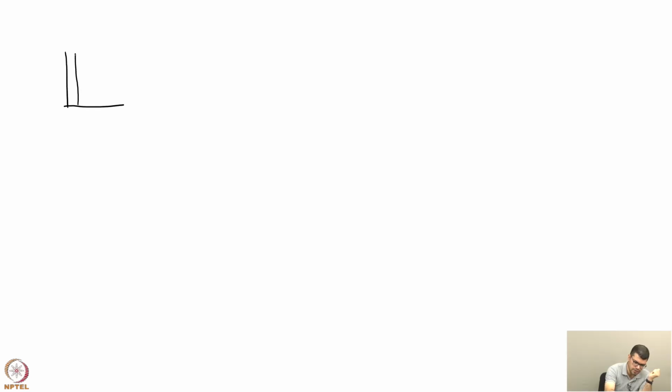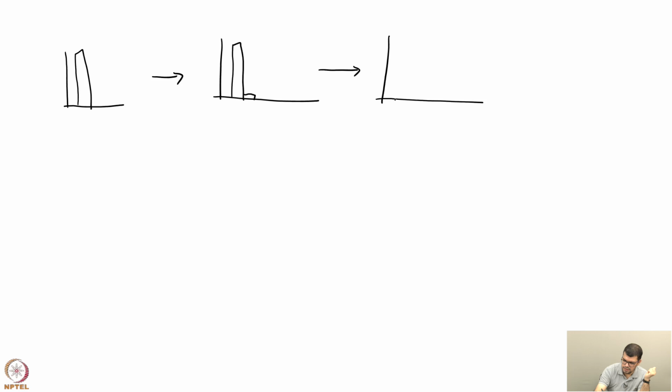So, I started with this and this changes to a new mutation. The beneficial mutation starts to increase in frequency and then it reaches fixation. See, these are the 4 steps.